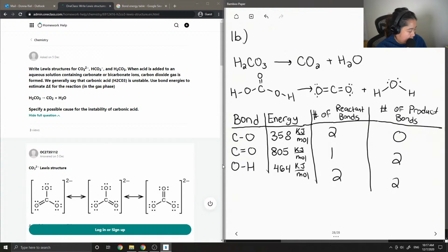So now we need to find delta E for the reaction.